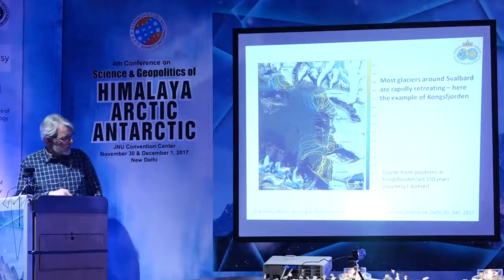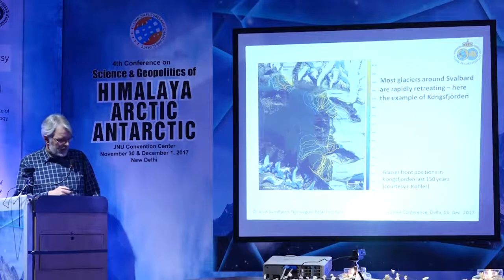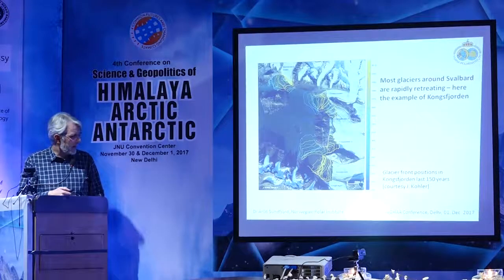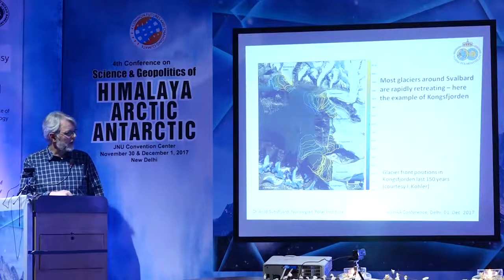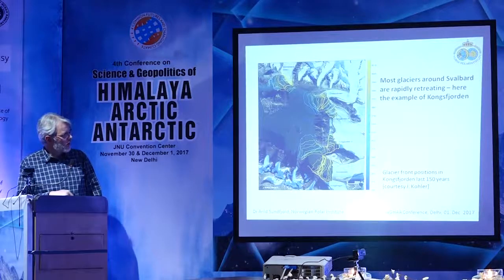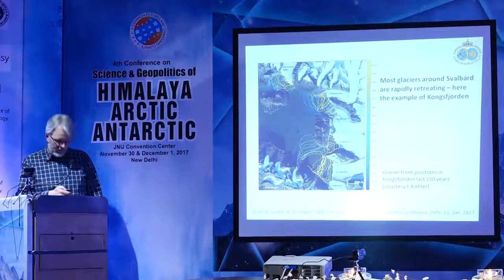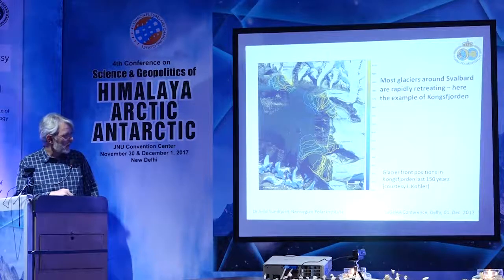So moving back into Kongsfjorden, it's one of those areas that have lost a lot of glacier area in the last many years. This shows how glacier fronts have retreated since the mid-1800s until this year being way back here. And that's not untypical for Svalbard.